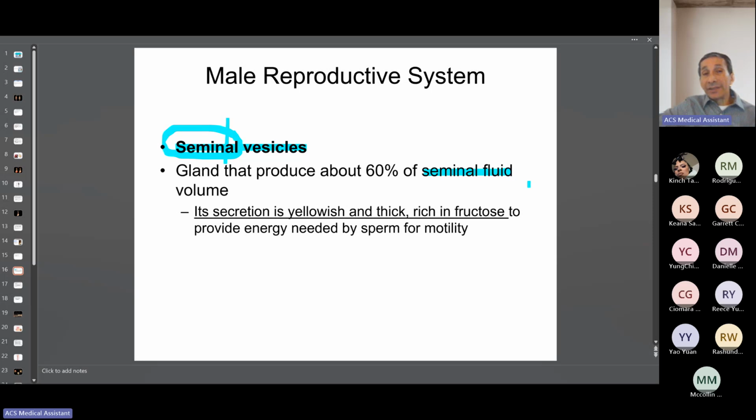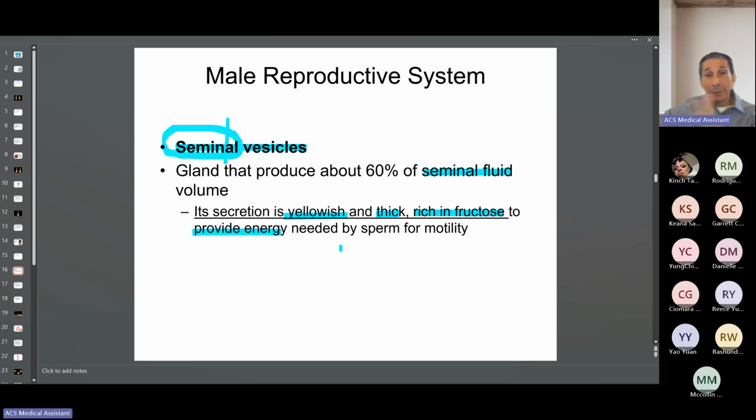How do we know that this is the seminal fluid? Because the color is yellowish, and it is very thick. Now look what it says right here. It is rich in fructose. Fructose is a type of sugar, like glucose. And what does glucose do? Well, it provides energy. Energy for what? Energy to the sperm. So this is like nutrients for the sperm.